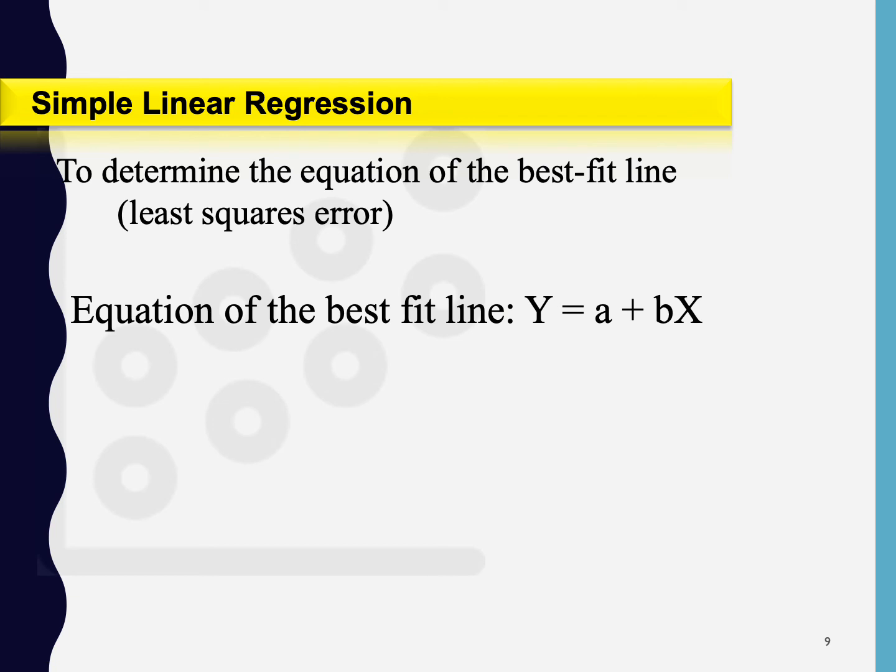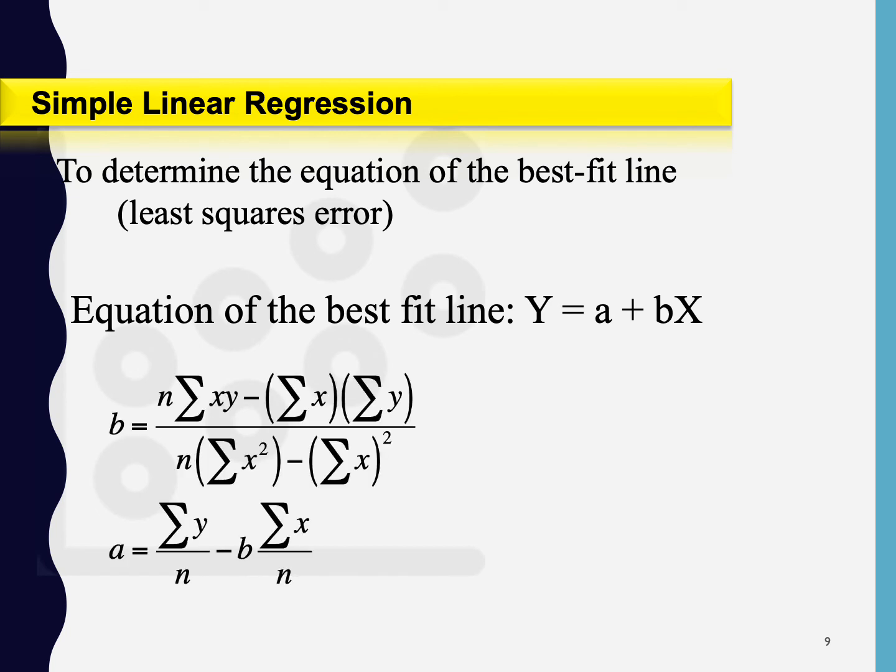The equation of the best fit line follows the slope-intercept form, which is y equals a plus bx, where b is the slope of the line and a is the y-intercept. To solve for a and b, we have this formula. Notice that to solve for the y-intercept a, you have to solve first for its slope.